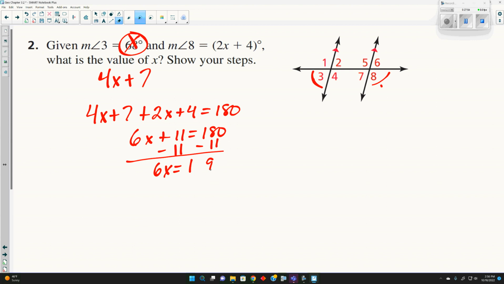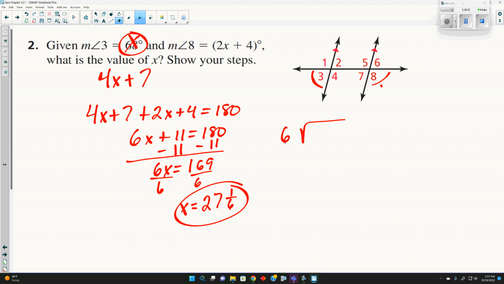We would get 169, we would divide by 6. And then we don't get a nice number. I think it's going to end up being 28 and a 6, but don't quote me on that, I'd have to calculate that. Why was it 4x plus 7?